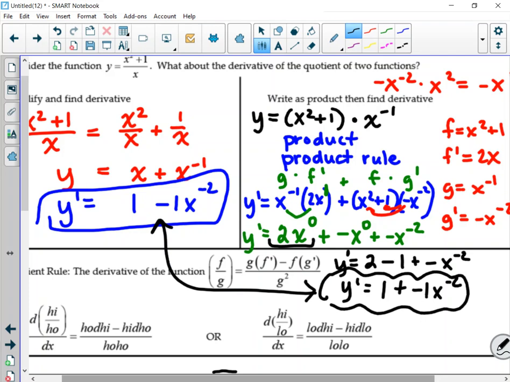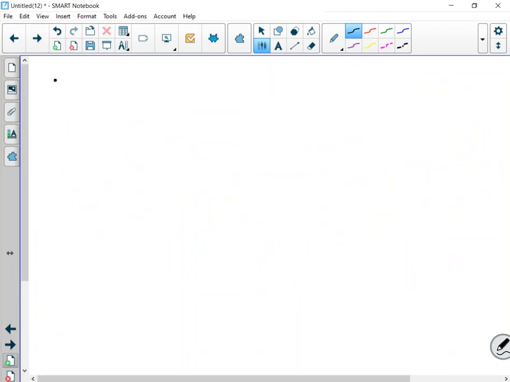You can make a quotient into a product. Dividing by a function is just multiplying by its reciprocal. So when we were dividing by x, if I rewrite this as multiplying by x to the negative 1, which is the reciprocal, I have a product and I can do product rule. Or, let's remember what this was: x squared plus 1 over x.